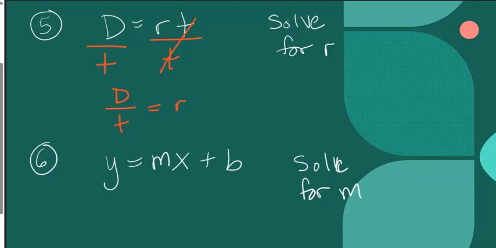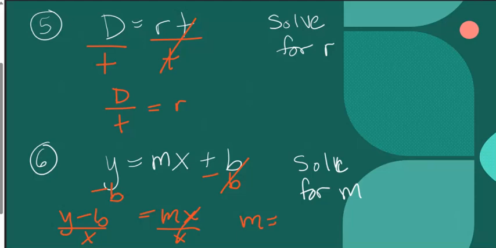Okay, let's look at our slope-intercept form, y equals mx plus b, and let's say we want to solve for m. So the first thing I'm going to do is my addition and subtraction. I'm going to get this b out of the way. Y minus b equals mx, and m and x are being multiplied, so the opposite is division, so I'm going to divide by x.